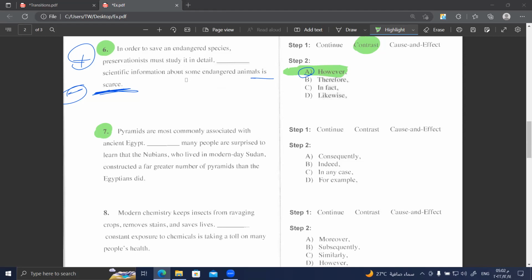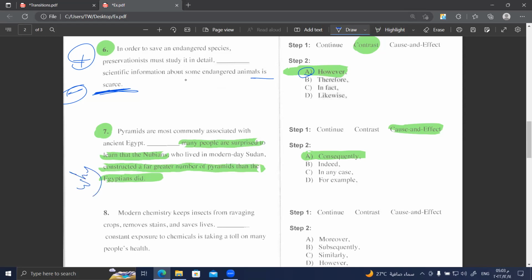It is cause and effect. And the only cause and effect is consequently. But why cause and effect? This is the question. Many people are surprised to learn that the Nubians constructed far greater number of pyramids than the Egyptians did. Can you apply why here? And I find the answer with because there. Let's try this. If it works, then 100% it is cause and effect.